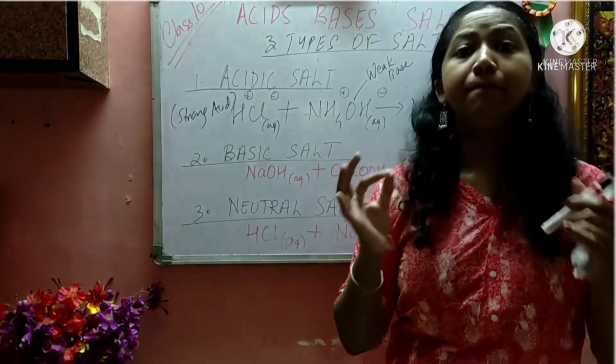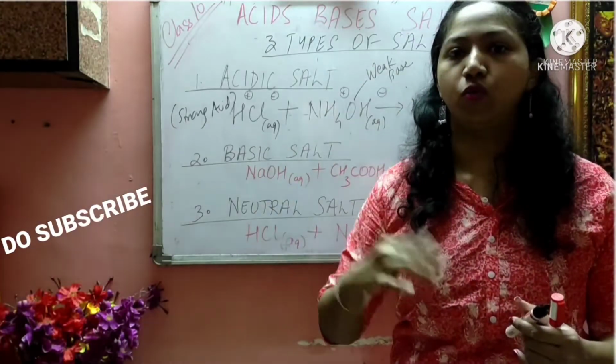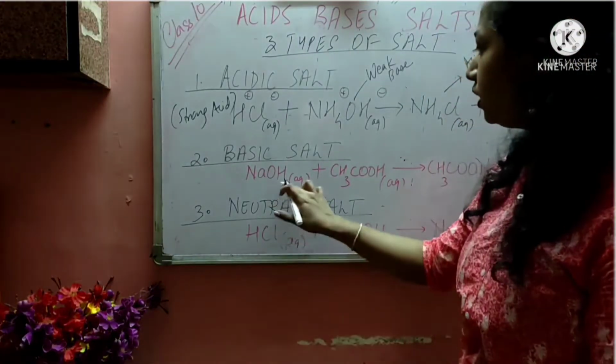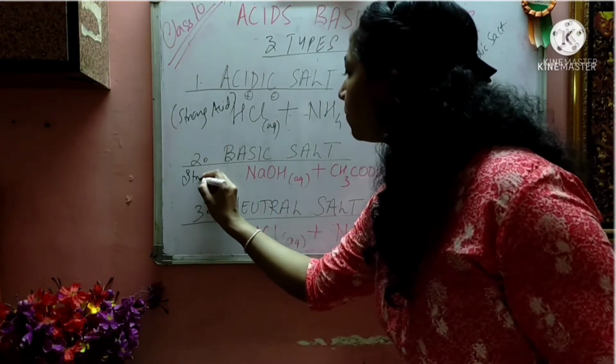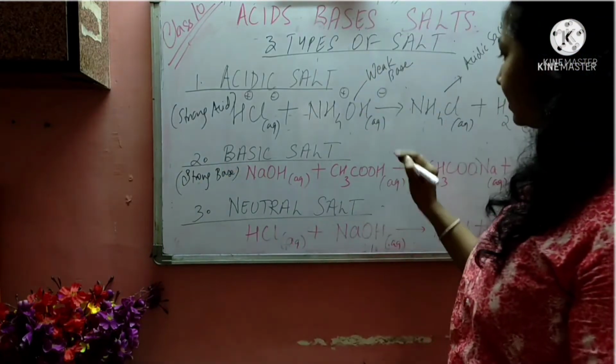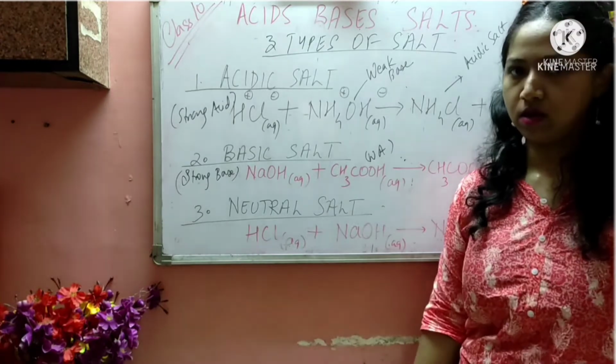Same way, to get a basic salt, you need to take a strong base, and this is the weak acid. WA stands for weak acid.